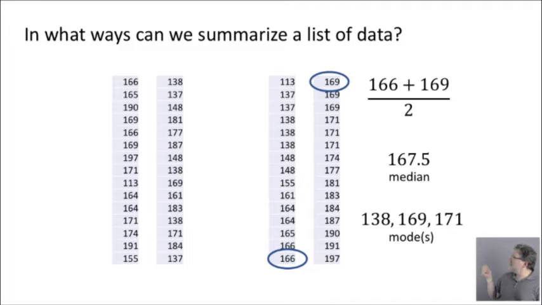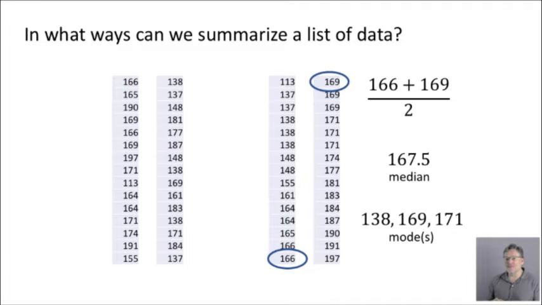Well, 166 plus 169, dividing that by 2 gives us a median of 167.5. So half the data in these two columns is less than 167.5, and half the data is greater than 167.5. That's the median.